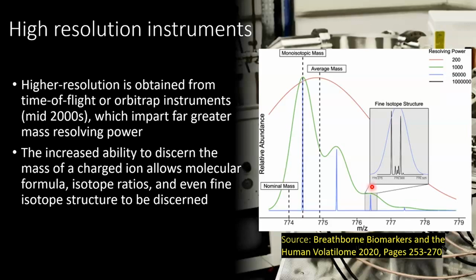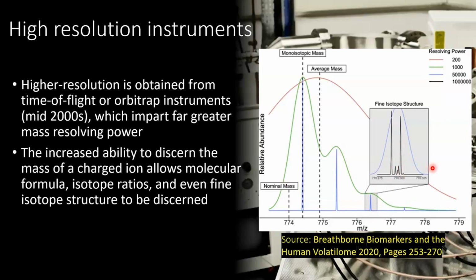And so as we go to what I would say is nearly theoretical resolving powers, up to about 1 million, I don't know if these instruments actually exist. If they do, it would be in a very high-tech, fancy, probably non-forensic laboratory, so more of a research laboratory. If we look at one of these very, very small isotopic peaks, we can actually see that peak breaking down into the fine isotope structure.